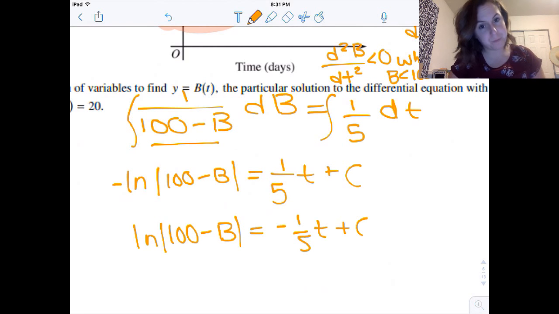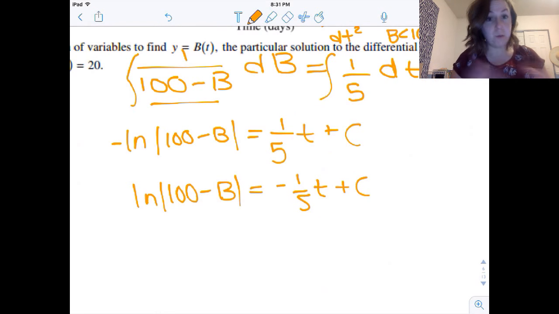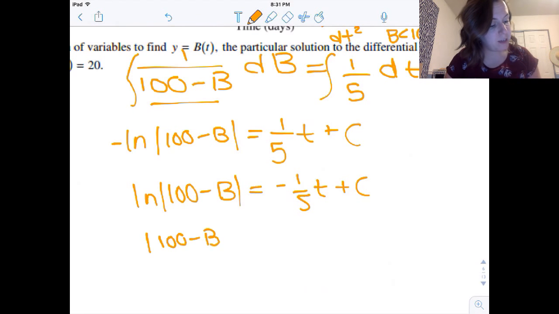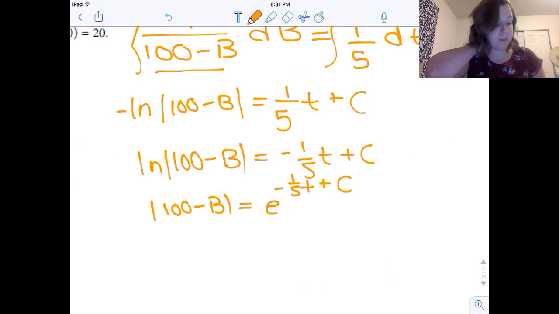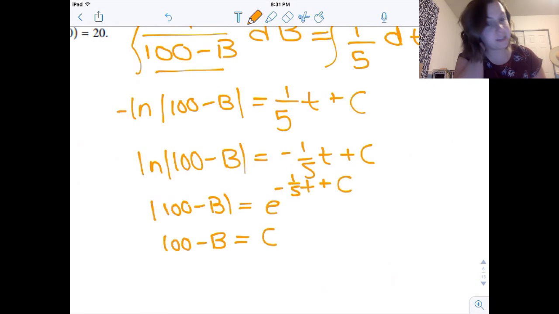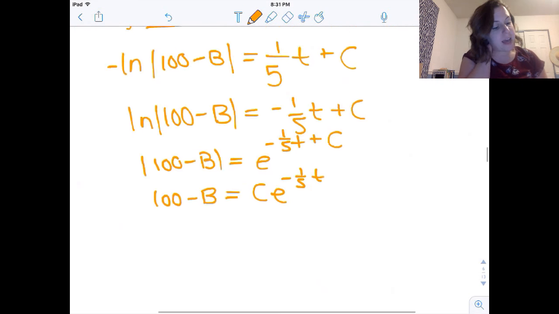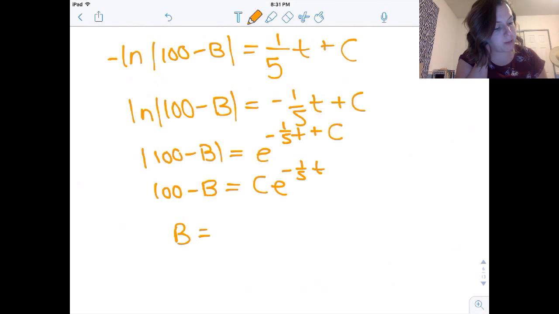So this would be absolute value of 100 minus B equals e to the negative 1/5 t plus C. I can get rid of that absolute value when I bring the C down to the front, because that could be a positive or a negative. And then I'm going to solve for B. So B would equal 100 minus Ce to the negative 1/5 t.